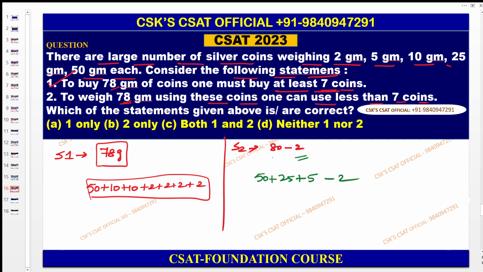So therefore, to weigh 78 grams using these coins, one can use less than 7 coins. Yes, less than 7 coins also we can use. Listen. How many here? 3, 1 here. So therefore 4 coins, less than 7. So this is also correct. So therefore both 1 and 2 are correct.